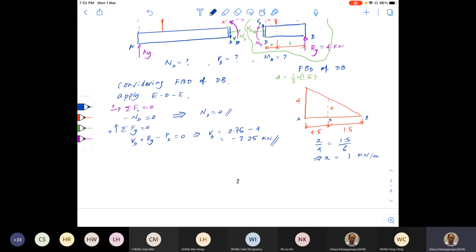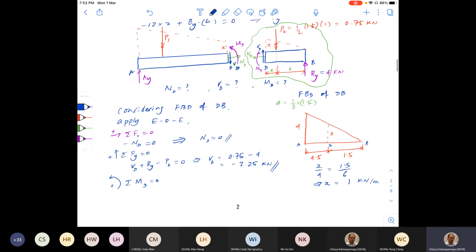So now can you write the moment balance about D in this direction, summation of all the moments about D, MD should be equal to 0. Okay, so what are the forces? There are P2, By, and also MD. So we'll take the P2 first. P2 around D, P2 is going to rotate the member around D in the clockwise direction, right?